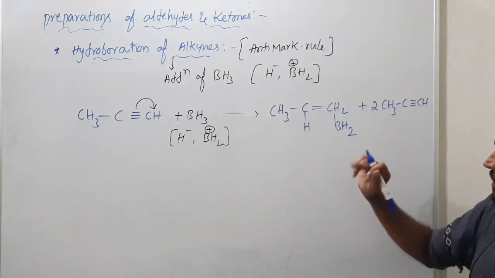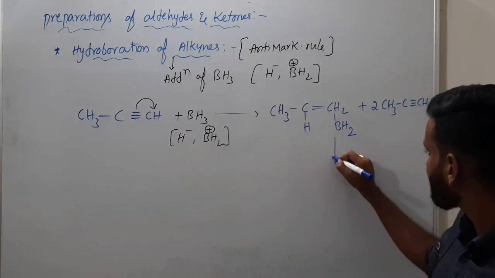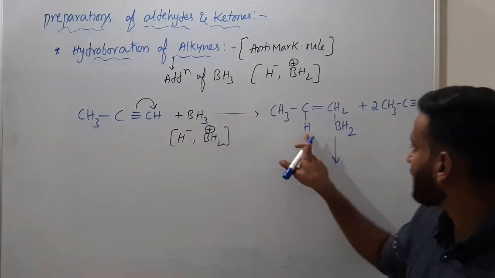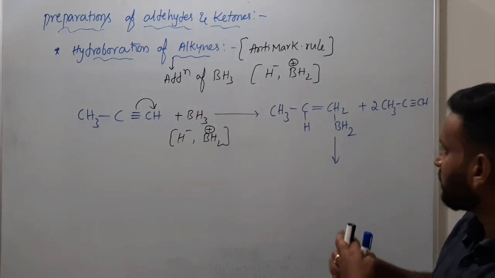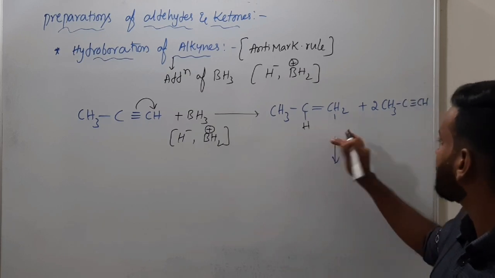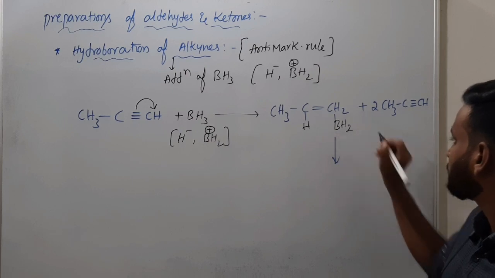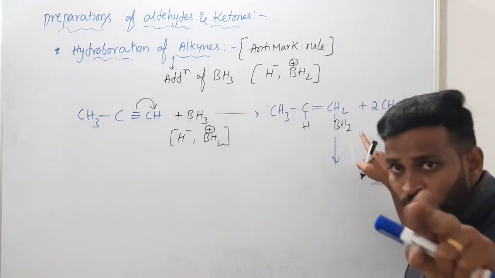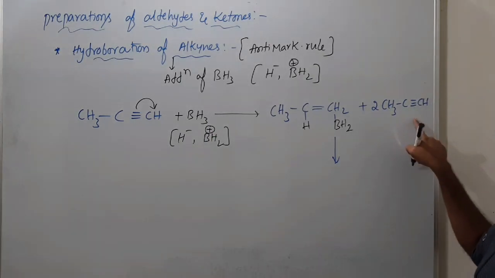This hydrogen was added here, and this one is BH2. Correct? With boron there are 2 more hydrogens, which means 2 more alkynes can react.